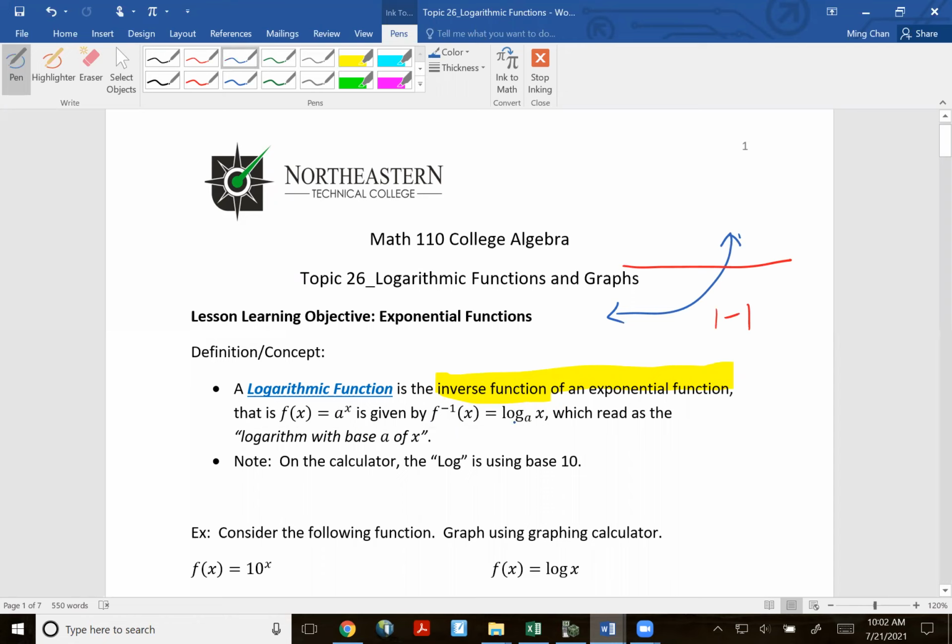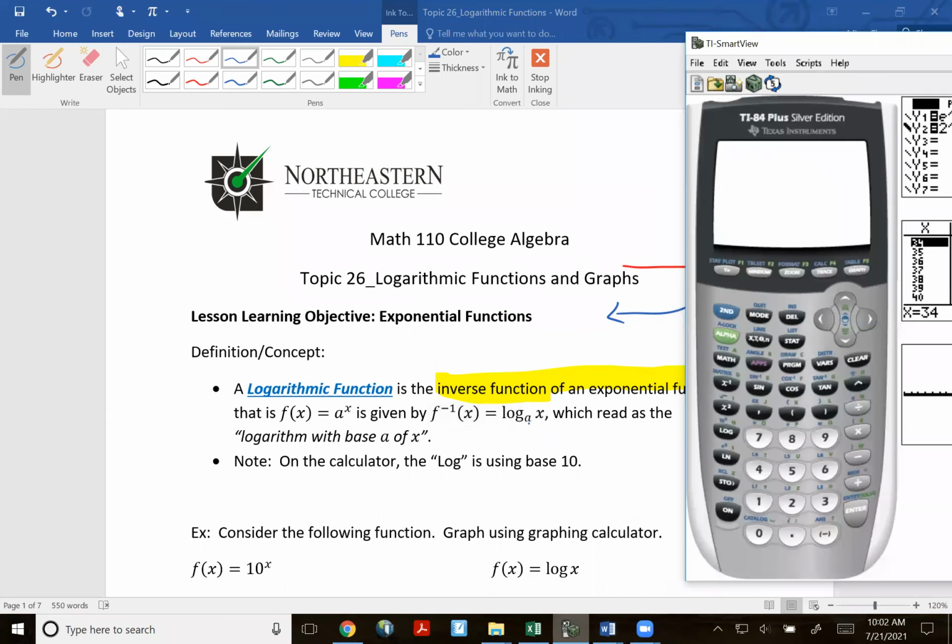And it's given by log. The way we read this is log with the base a of x. Log with some sort of base of x. On the graphing calculator, you might have a different graphing calculator in mind. If you take a look at the word log right beside number 7, when I press the word log, it is automatically assumed the base is 10.